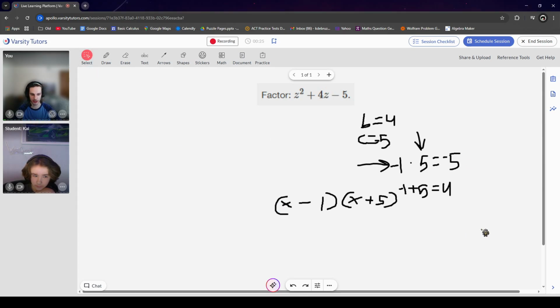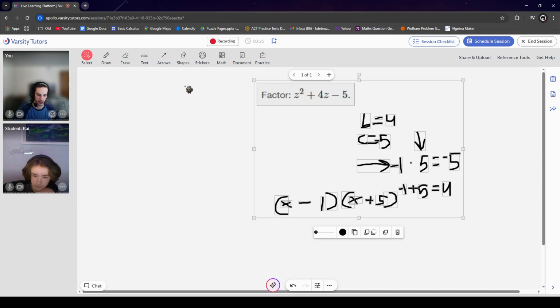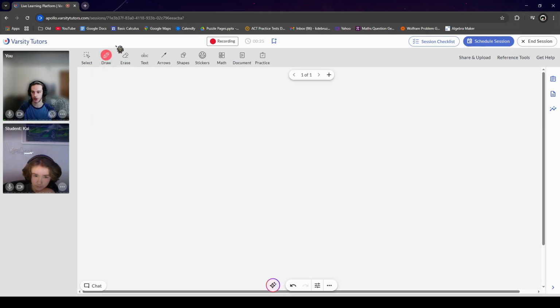So the next thing in factoring: we've been dealing with quadratics of the form x squared plus bx plus c, where b and c are just numbers. The next frontier is if we have a coefficient here we call a. Before, we kind of had an a, but it's 1, so we ignored it.